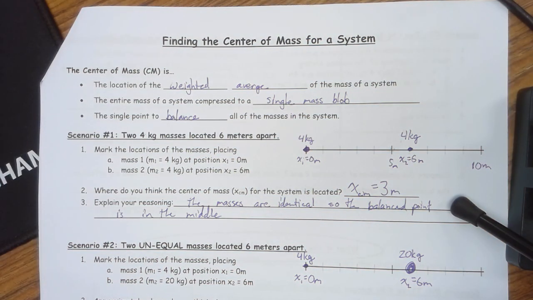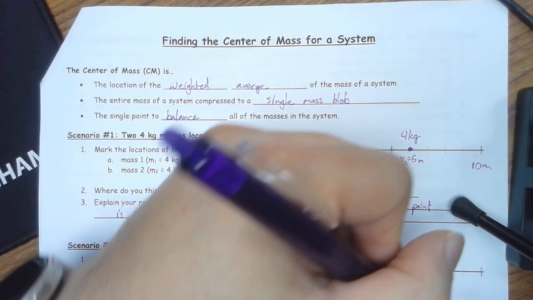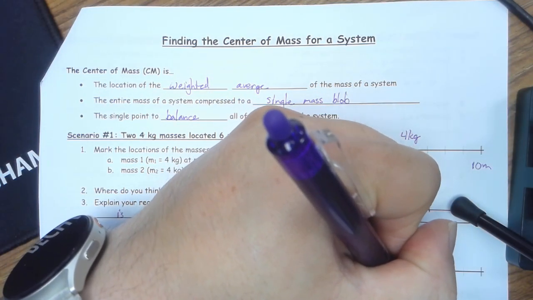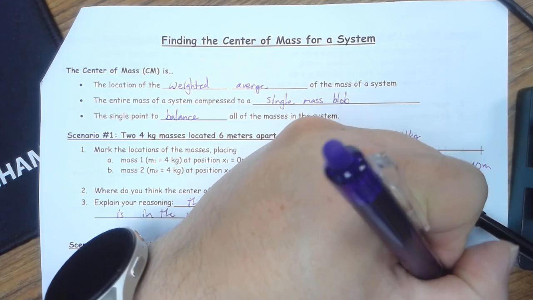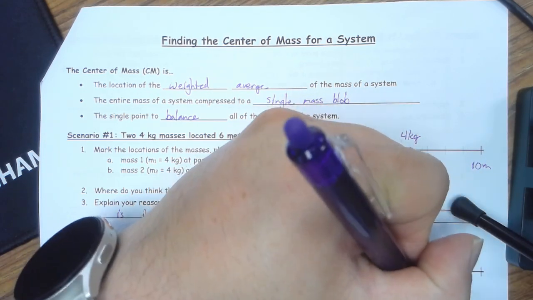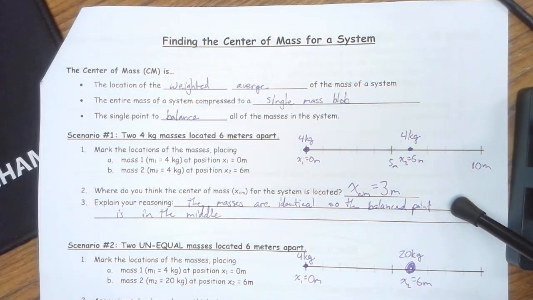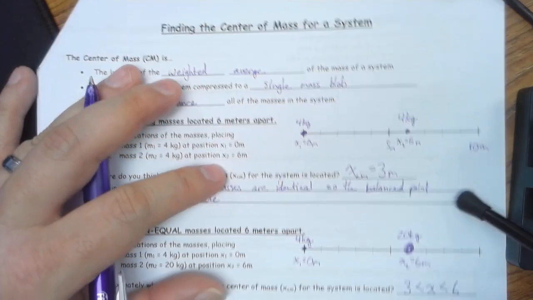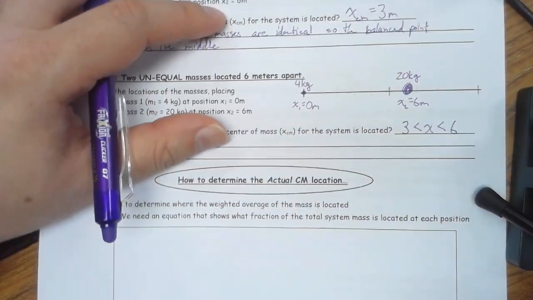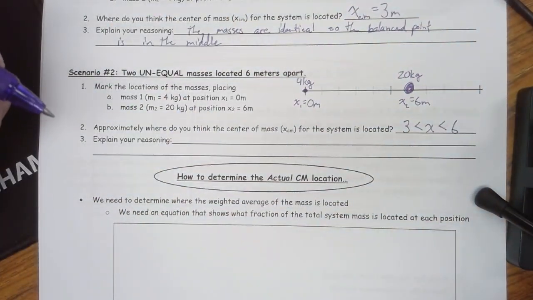Around where do you think? Give me a range of where it could fall. 4 to 5, somewhere around there. My official textbook answer says we know that it's greater than 3 and less than 6. So X would be between 3 and 6 is my official answer.